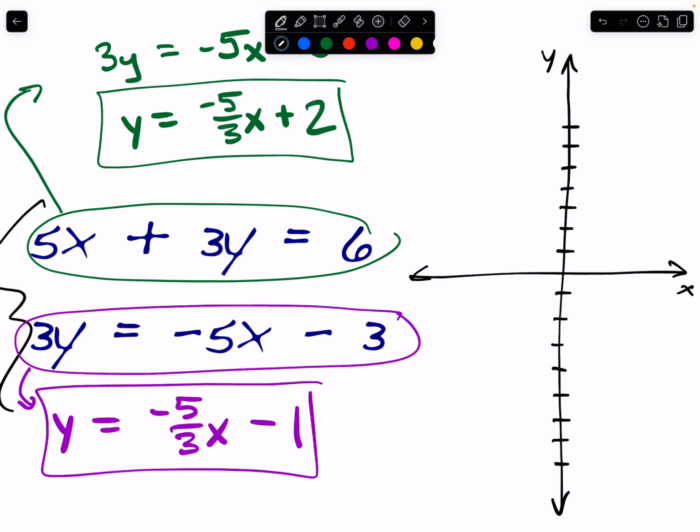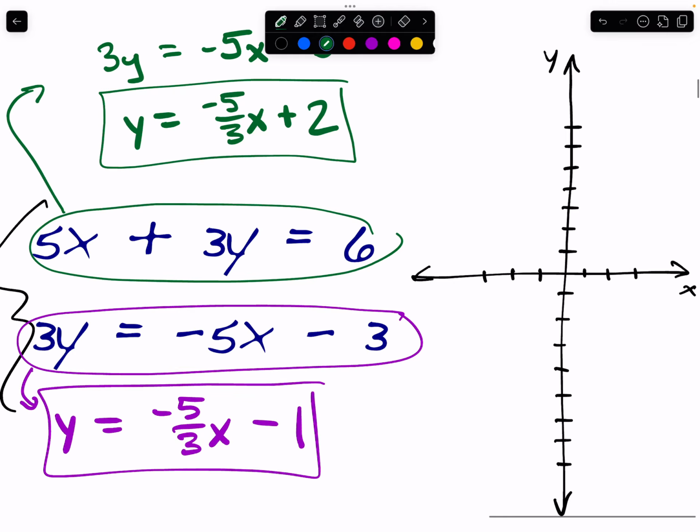They're 2 and -1, but I put more tick marks than that on the y-axis because our slope is going to be a little steeper. So let's go to 2 on the y-axis for our green line, and we're going to go down 5, 1, 2, 3, 4, 5, and over 3. So we'll have a line that looks something like this.